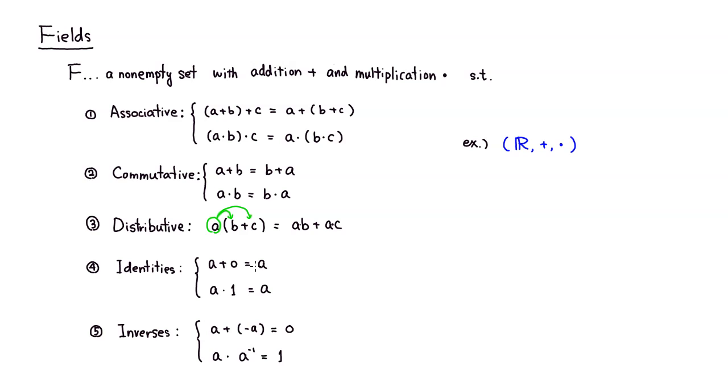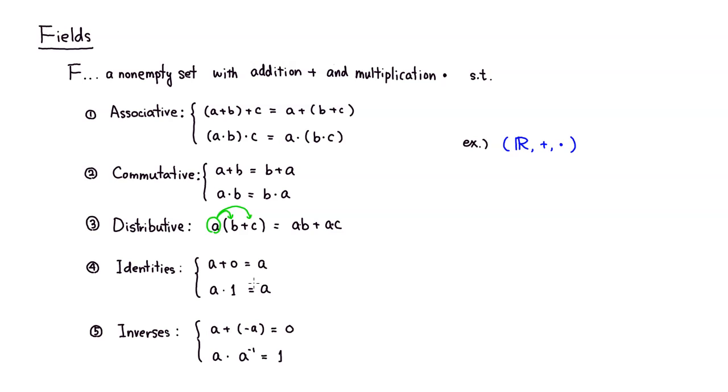It's going to give you A. So 0 is the additive identity, and the multiplicative identity is 1. If you multiply any element A by 1, you're going to get A back. So there has to be an additive identity and a multiplicative identity.